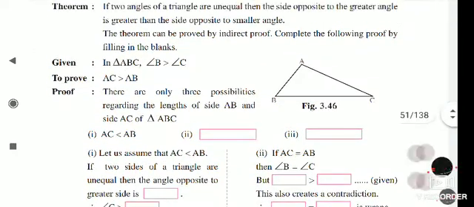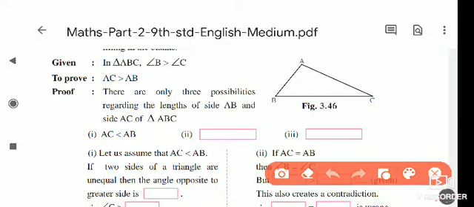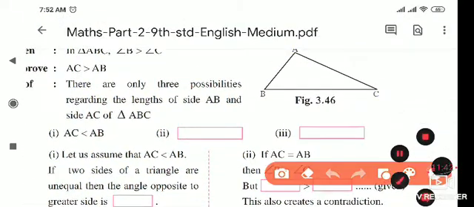Now we will see its proof. There are only three possibilities. Which three possibilities are there? The first possibility, regarding length, is that AC is greater than AB.